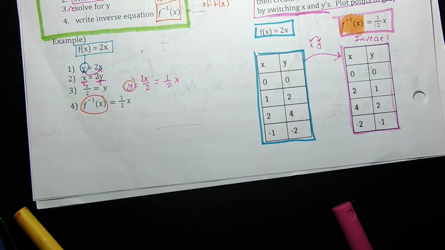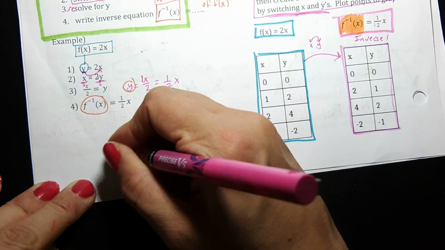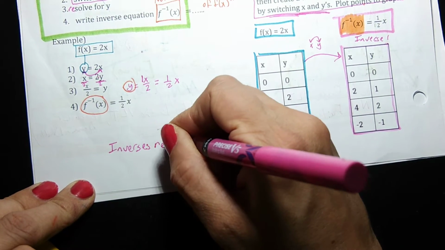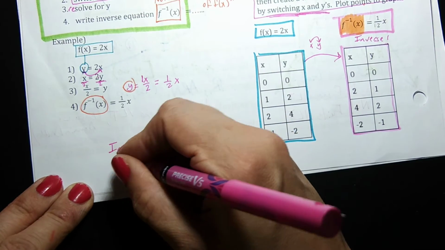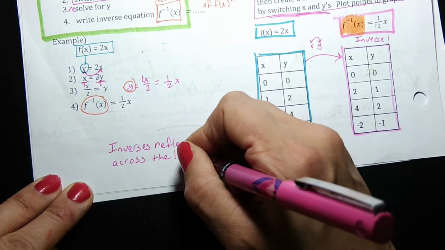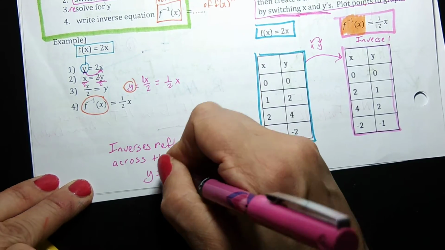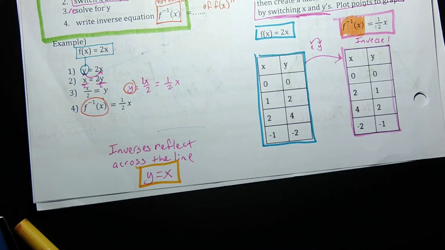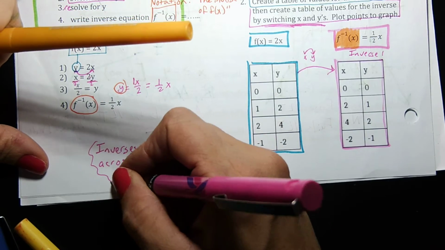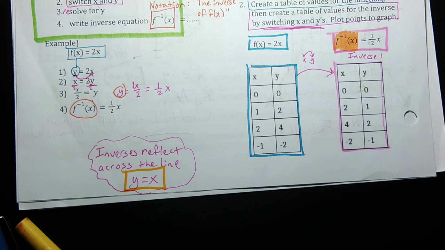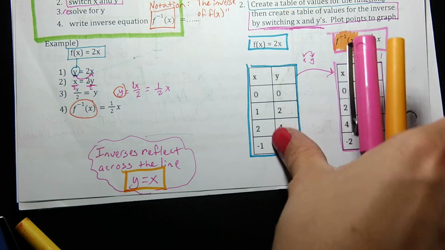Inverses reflect across the line y equals x. This is a property of inverses, and it's going to be kind of a check for us as we start doing these inverse problems. And now we're going to turn the page.